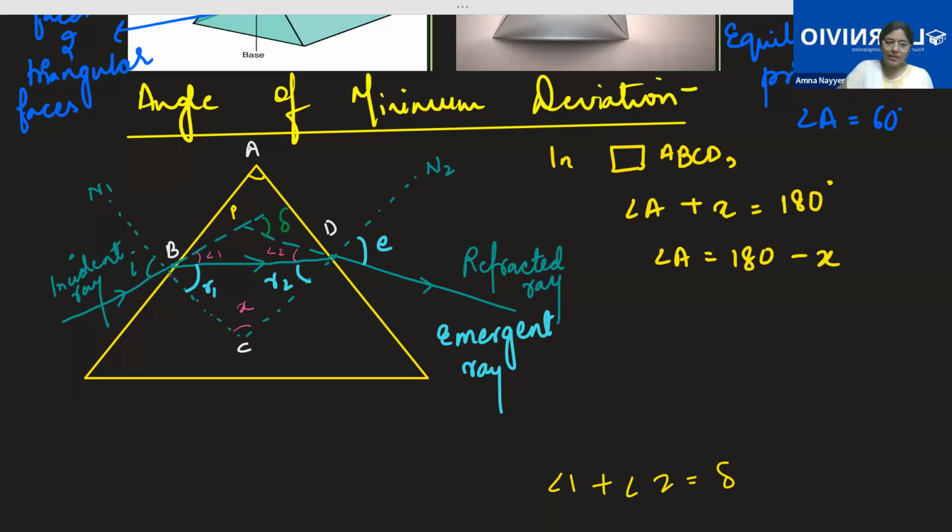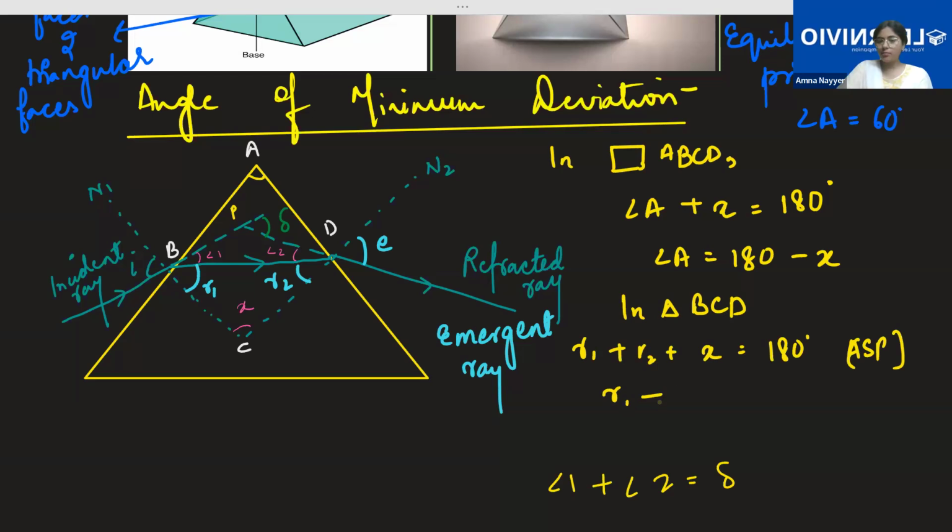Okay. Now class, if you look at this triangle BCD, in triangle BCD, R1 plus R2 plus X is also equal to 180 degrees because of the angle sum property. So I can say R1 plus R2 is equal to 180 minus X. So A is equal to 180 minus X, and R1 plus R2 is also equal to 180 minus X. Can I say R1 plus R2 is equal to angle A?